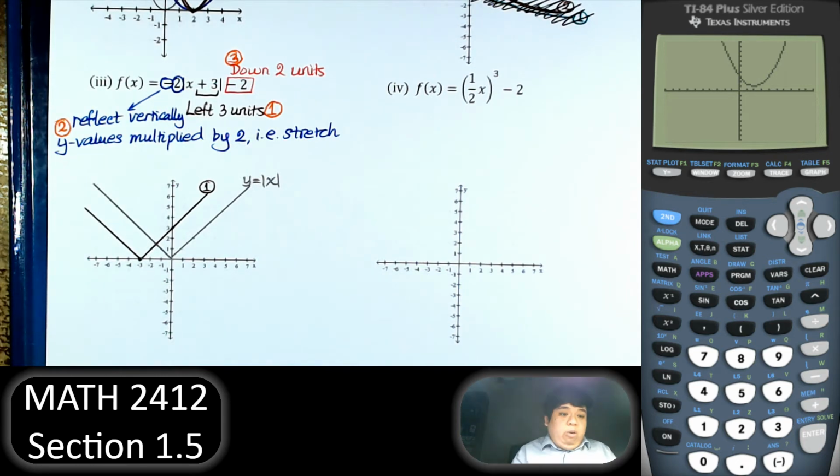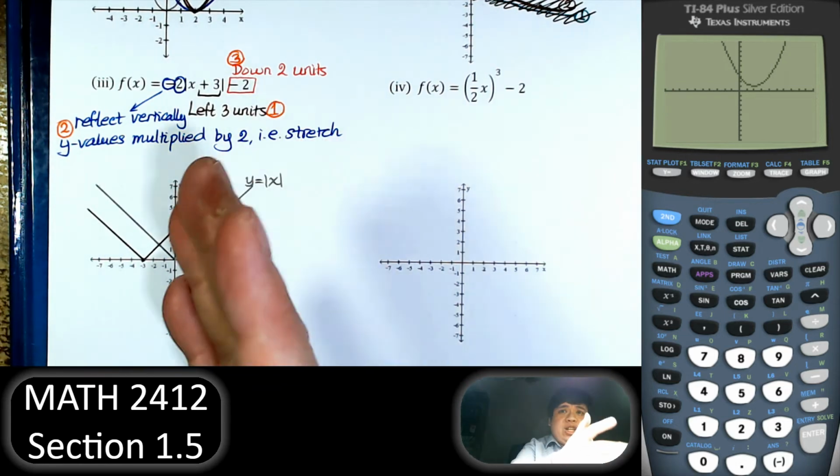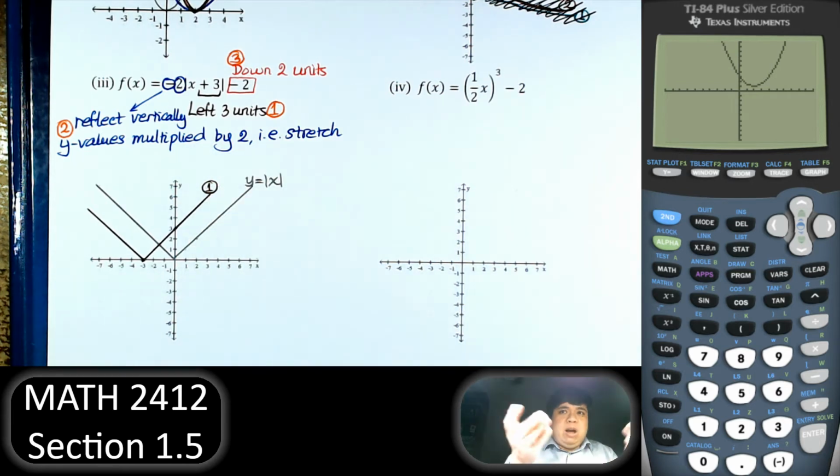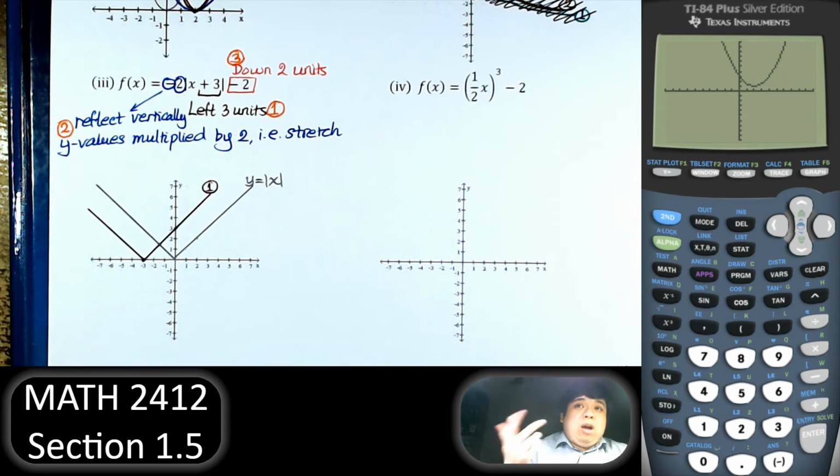Next, we reflect it vertically and then stretch. It doesn't matter, we do that at the same order. So we can multiply by 2 first and then we flip, or flip and then multiply by 2. Those two are interchangeable, because multiply by negative 1 and then multiply by 2, or multiply by 2 and then multiply by negative 1, it doesn't matter. Still just multiply. Right, so I will do the stretch first and then flip.